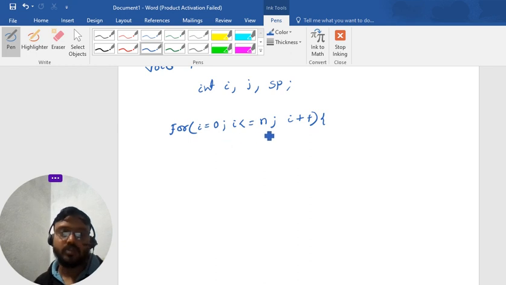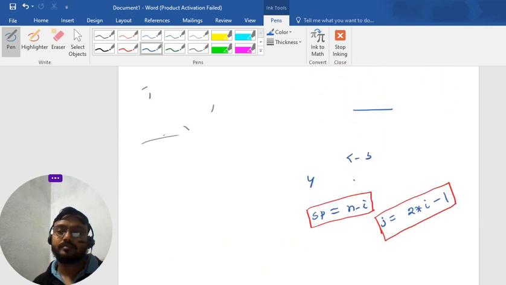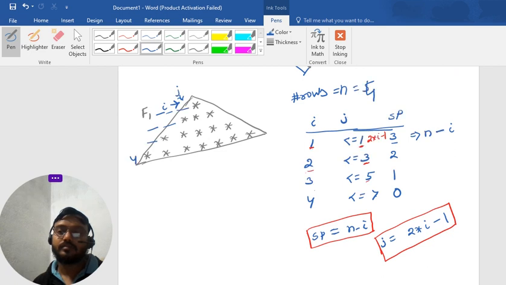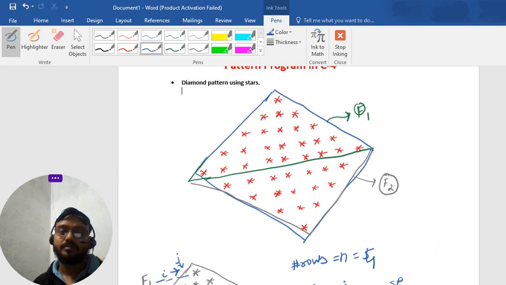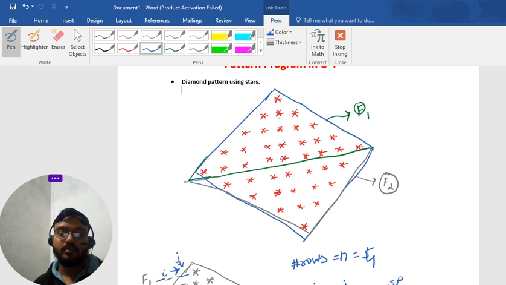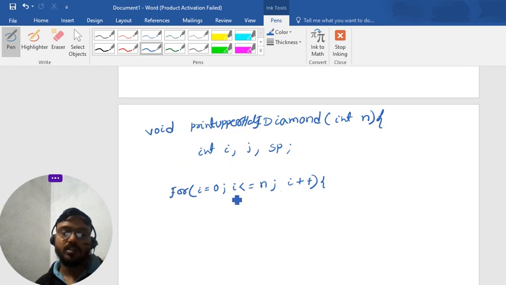Why starting from 0 to n? Because if you see 1 2 3 4 5, I need to print till the 5 part. I am starting from 0, so it is less than n, no need to have equals.